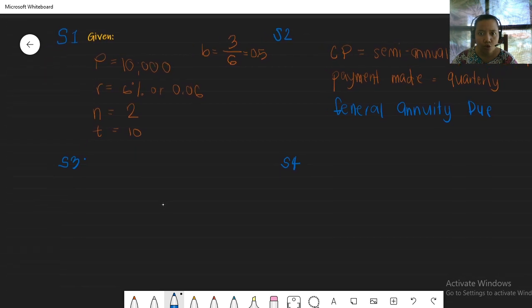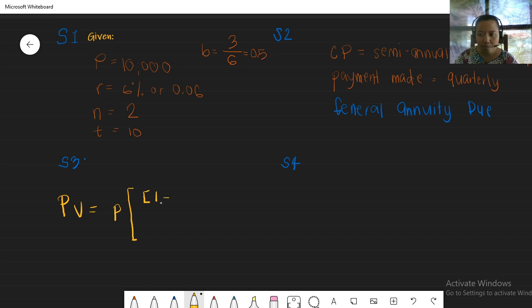Let us use the formula for general annuity due. Present value is equivalent to P, enclosed in a bracket.